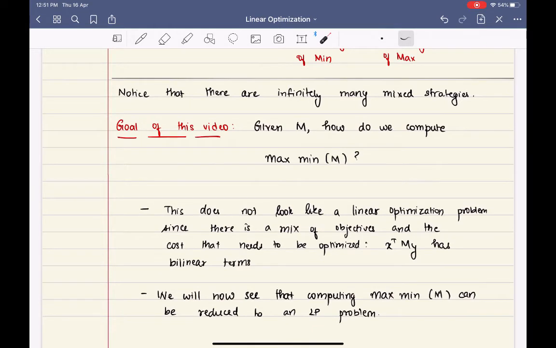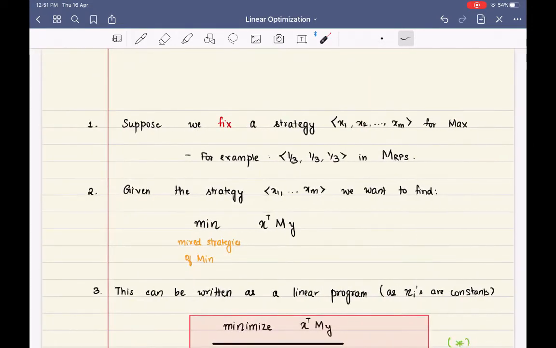What we will see is that in spite of this, we will be able to reduce the computation of max min to solving an LP. So this is the goal of this video. So let's start.